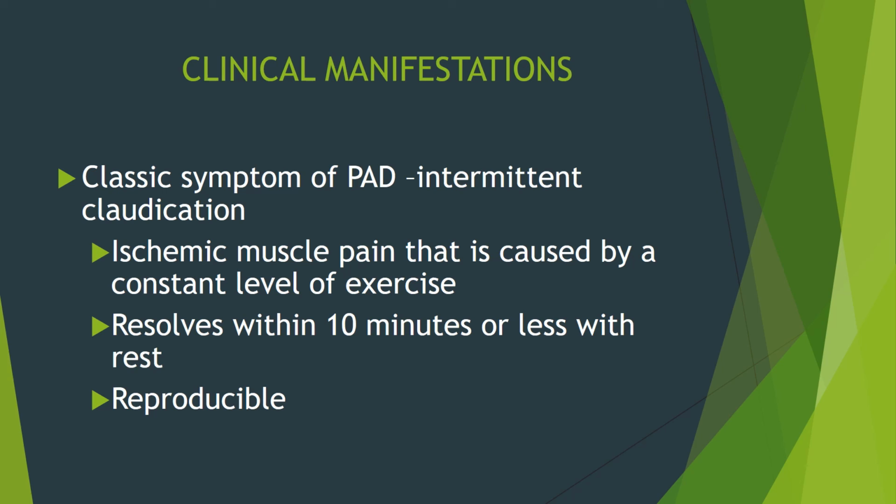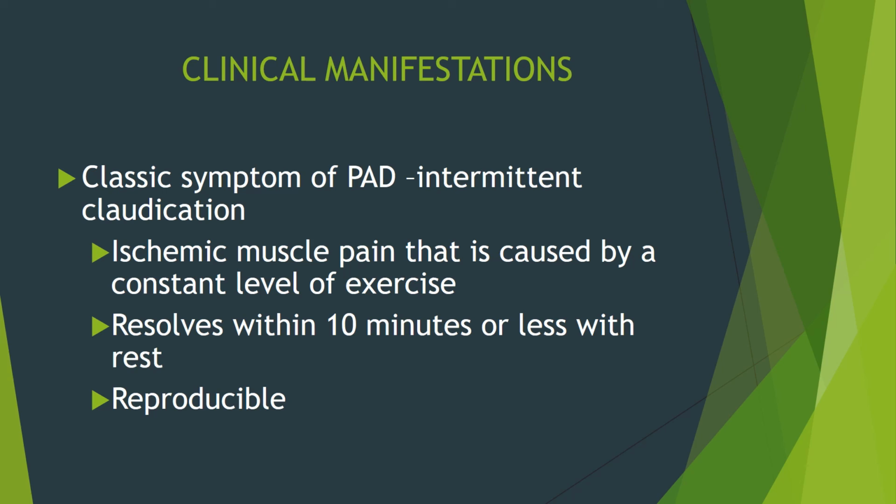We switch to anaerobic metabolism. And what is the byproduct, the waste product of anaerobic metabolism? It's lactic acid. And lactic acid is very irritating to your nerve endings. And so the pain that people get with this claudication is caused by buildup of lactic acid.